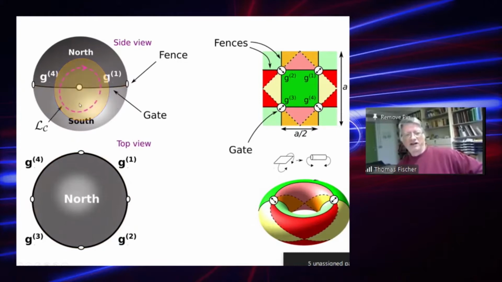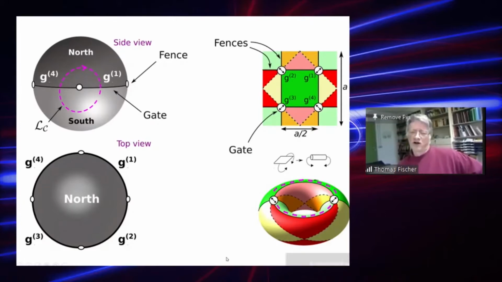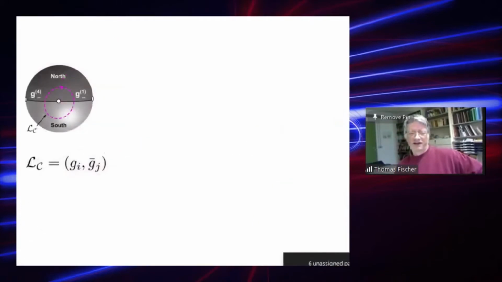If we circle around this fence point, we have to pass through these gates, and at the same time, we pass through gates in action space. So we can wind this unit cell into a torus, and you see that our path goes around in a loop that circles the hole and therefore transports the particle.